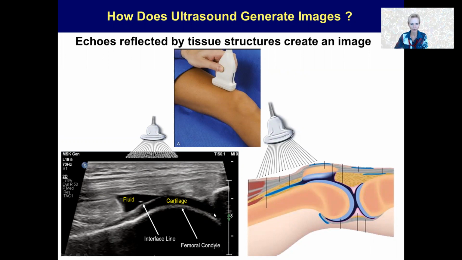We have the patella itself, the femoral condyle, and here in the suprapatellar bursa, as you see, a little bit of fluid, and that is separated from the cartilage, which is as hypoechogenic as fluid, from a so-called interface line.